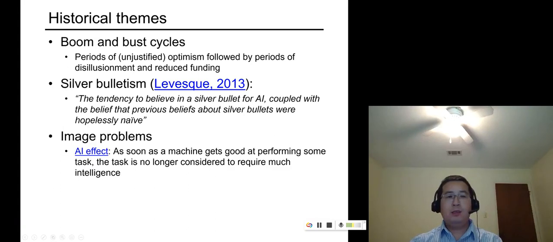And this is the AI effect, imagine problems. As soon as the machine gets good at performing some tasks, the task is no longer considered to require much intelligence. For example, in the past, we talked about intelligent mobile devices. But for those intelligence now, we don't think intelligence, okay, like a lot of apps, and using touch screen.